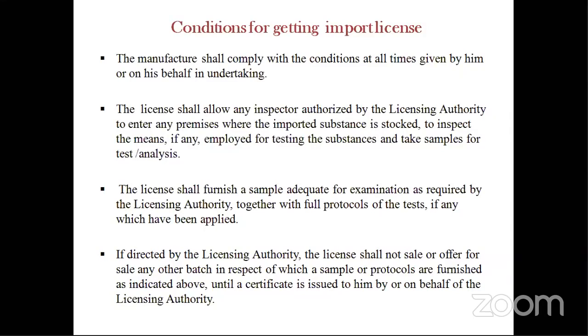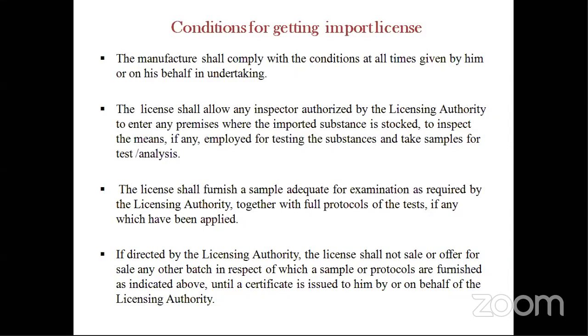Manufacturer means those manufacturing the products, who may act as an exporter or as an importer. When a manufacturer imports any product and tries to get a license for import, they first maintain the conditions for the import of the products. Conditions means the conditions undertaken under the Drugs and Cosmetics Act. When they fulfill this priority, they are able to get the license.